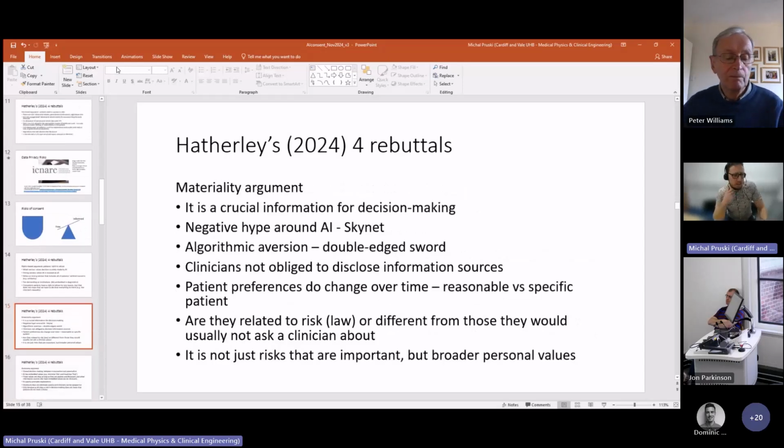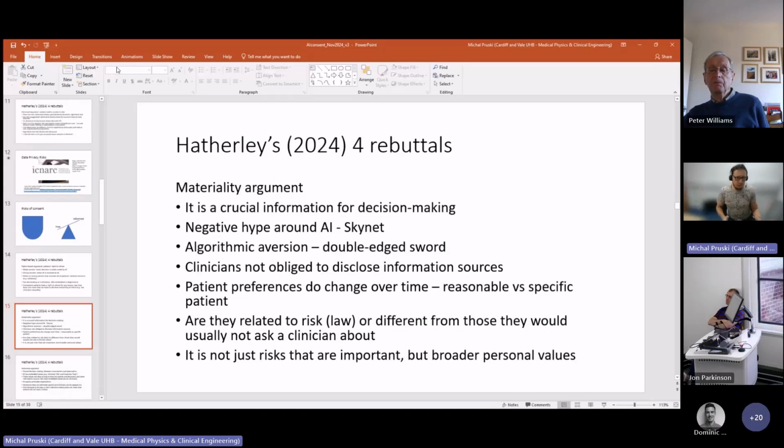The next argument is the materiality argument, and the materiality argument just says that there's something crucial about the fact that AI is used in a healthcare process that's crucial for the patient to make a decision. So, for example, if there's a negative hype around AI, think about Skynet type scenarios from Terminator, then patients perhaps might be averse.